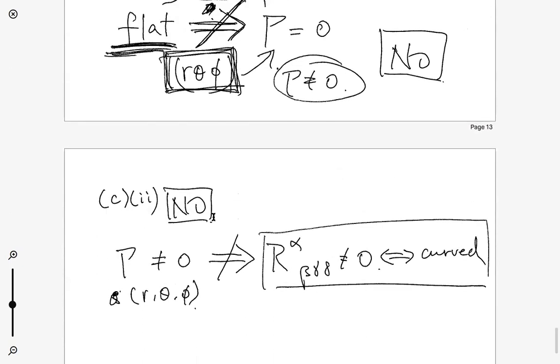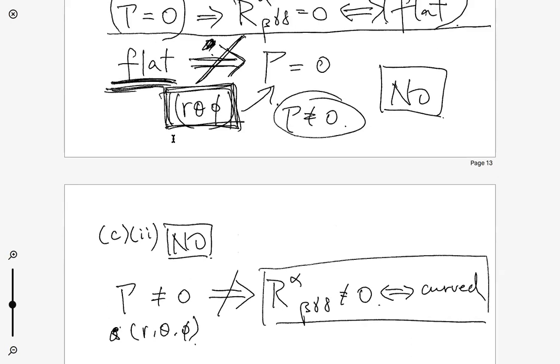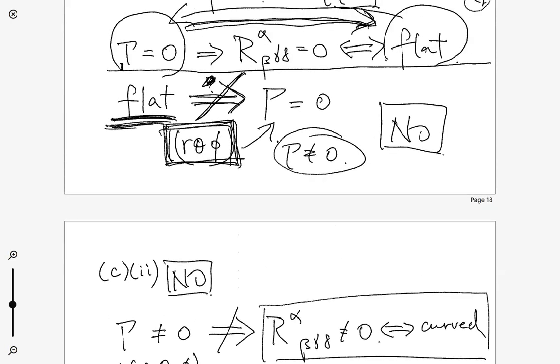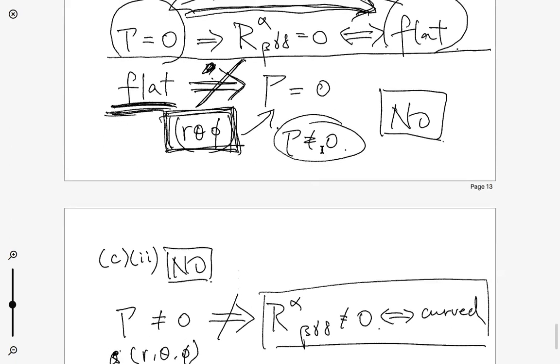And actually, this statement, if you're familiar with logic, is nothing but the second part of the last question here. So there we have the flatness does not imply the Christoffel symbol being zero for all components.